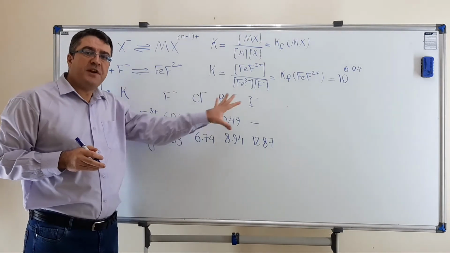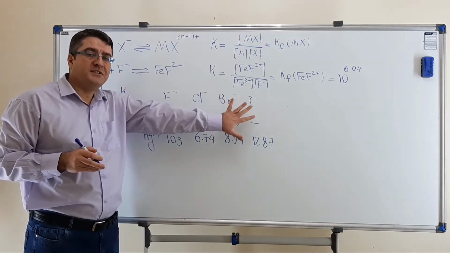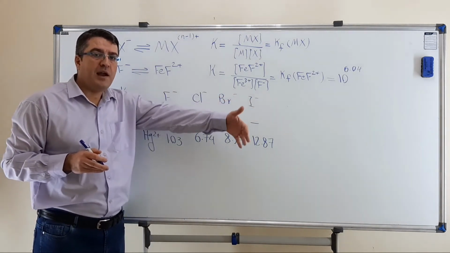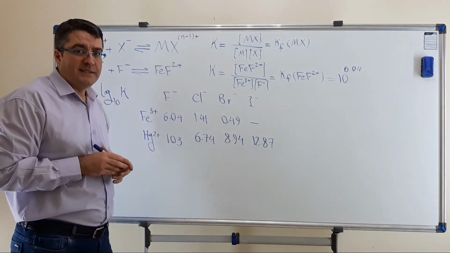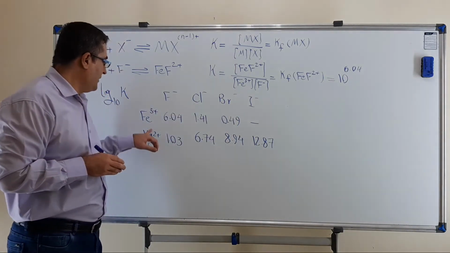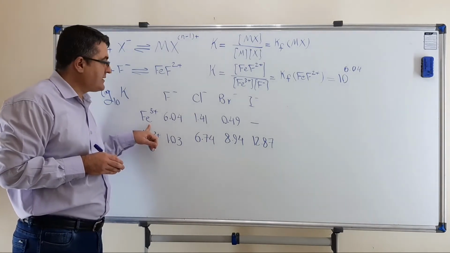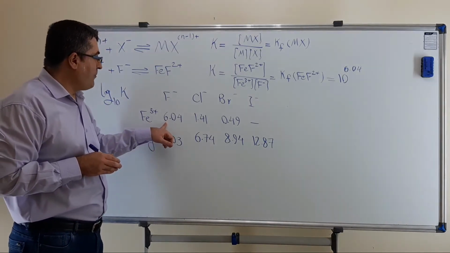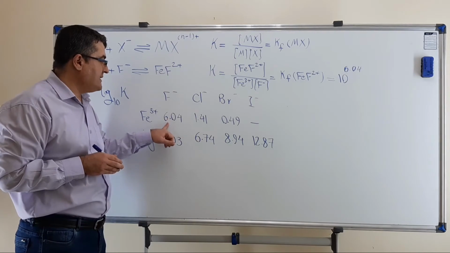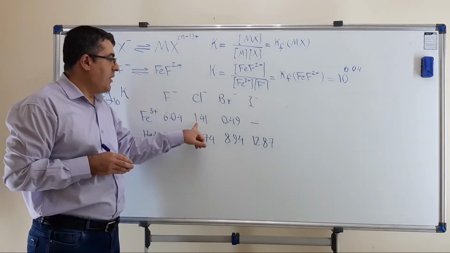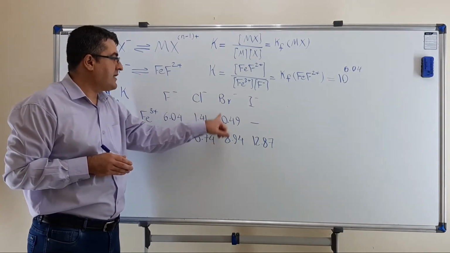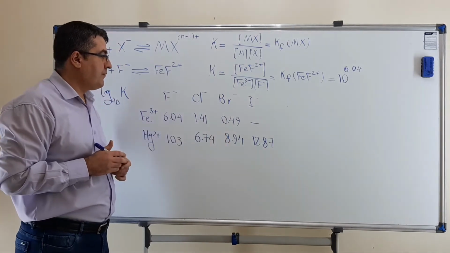We can use numerical values of equilibrium constants like this to compare Lewis acidities and basicities. For example, in reaction with Lewis acid Fe3+, we see that formation constant for F- is bigger than that of Cl-, and it is itself bigger than that of Br-.